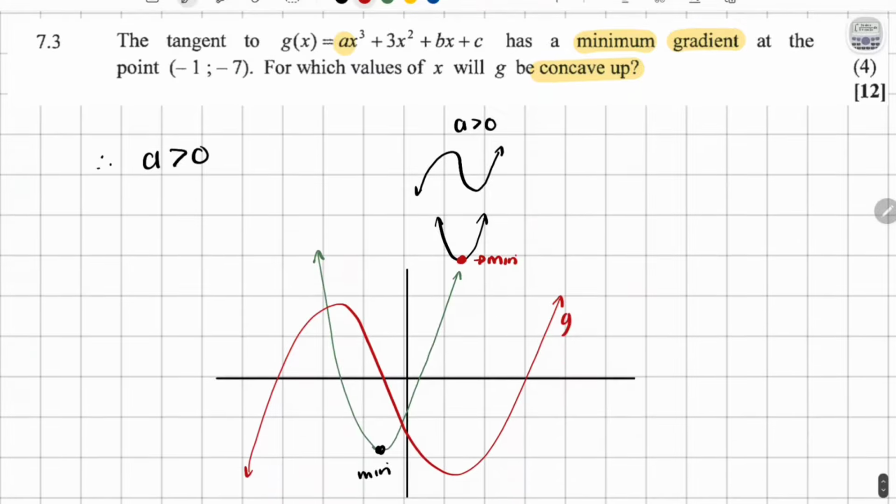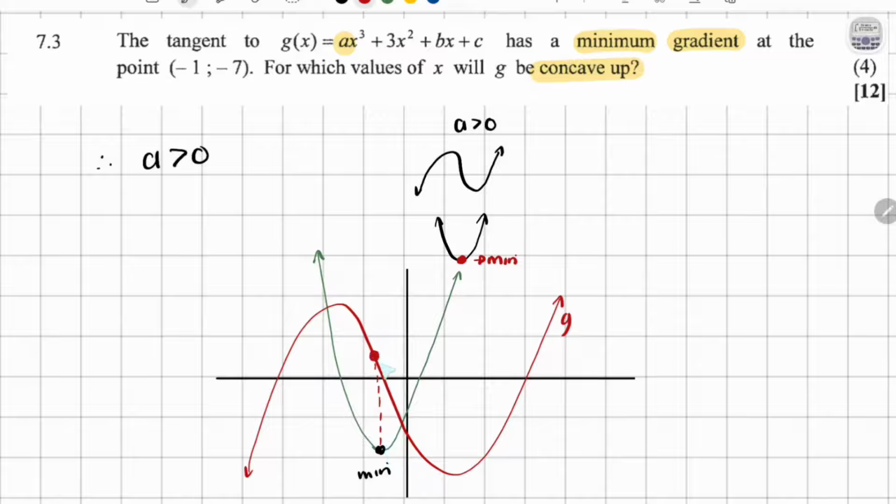So here at this point, since the tangent has a minimum gradient, where we have this minimum value of this parabola, which represents the gradient, that's that minimum gradient. This tangent is going to be perfectly in line with this point so that their gradients are the same, because when you move along the graph, the gradient changes. So that it has a minimum gradient, it's perfectly, vertically in line.